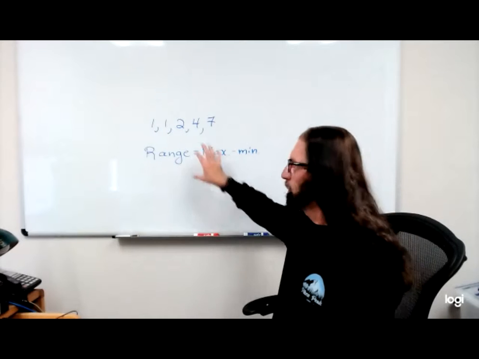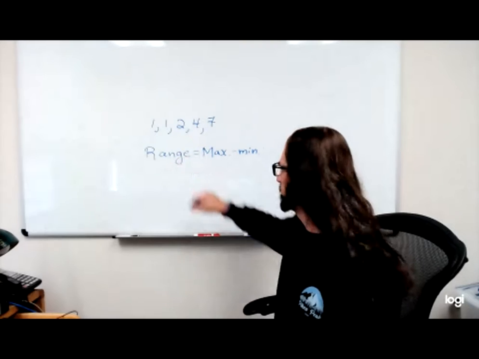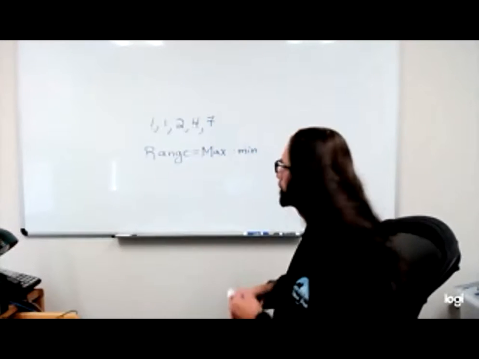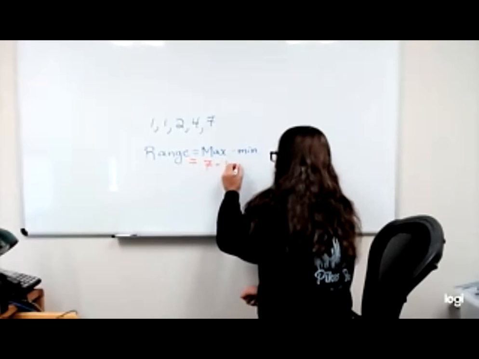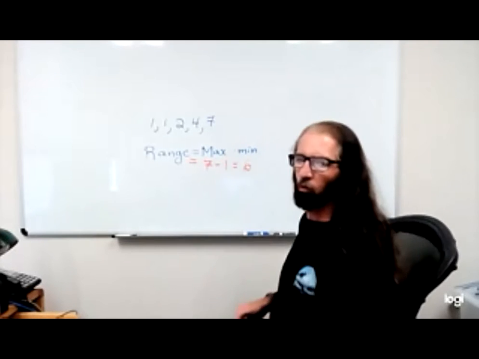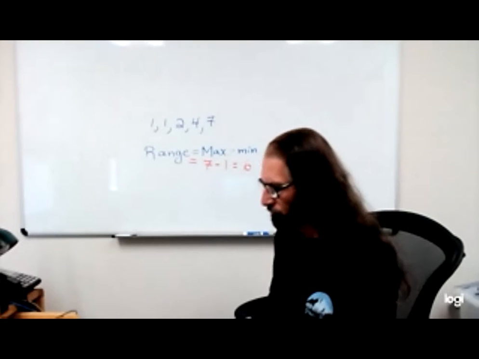Okay. Now, when talking about class widths for histograms, we've already seen range is the maximum score minus the minimum score. We don't have to have things in order, but since we do, we can see that for this example, the highest score is 7, the lowest score is 1, and so this distribution has a range of 6.